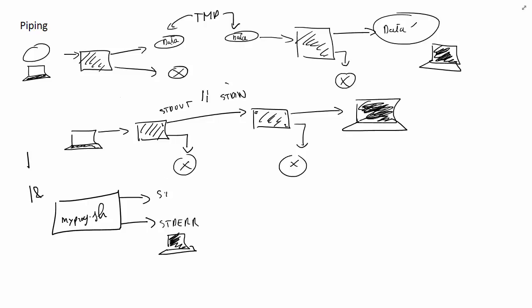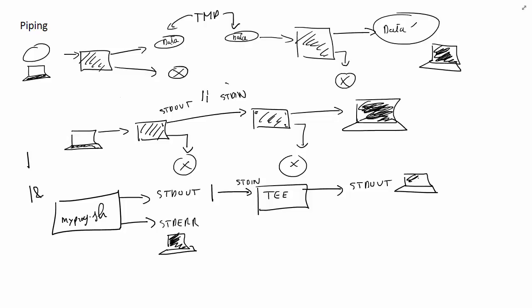Now this is STDOUT, and STDOUT has been piped, so I'm going to write it like this, to the STDIN of the T command. And what does the T command do? On STDOUT, which is the screen by default, it's going to display whatever it got in input. So it's going to display, this is something for STDOUT.